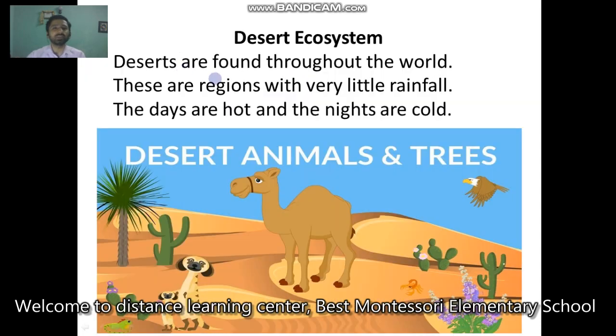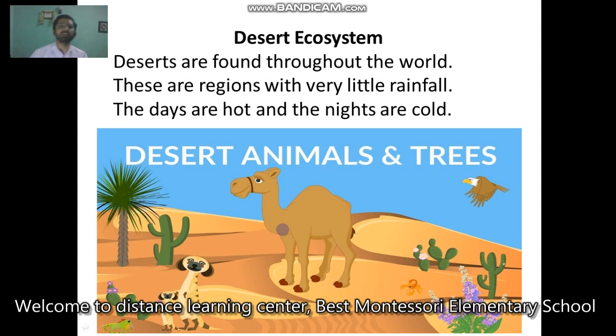Now the fourth one goes to desert ecosystem. That means it has very little rainfall. Days are hot and nights are cold due to the presence of sand over there. Desert ecosystem means desert animals and plants and non-living components according to the desert. We can find cactus, we can find camel and other creatures according to the desert.